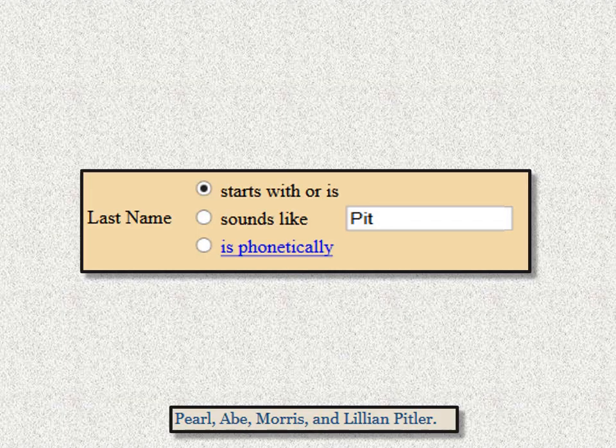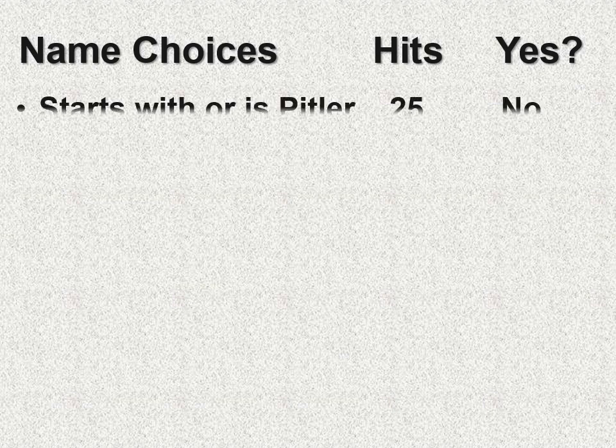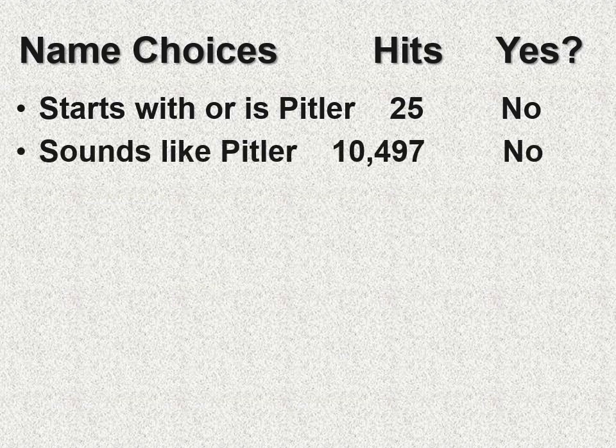So I'm going to put down starts with or is PIT. And just to give you some feeling for choices here, if I put down starts with or is Pitler, there are 25 hits, none of them are who I want. If I put down sounds like Pitler using the gold form, there are 10,000 plus hits.